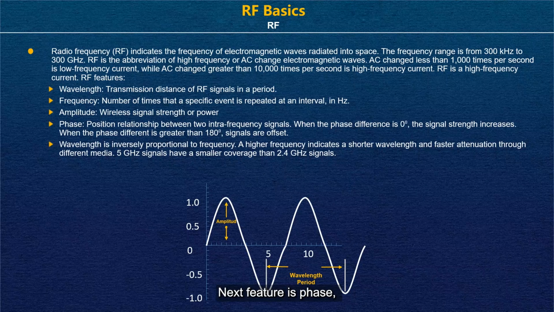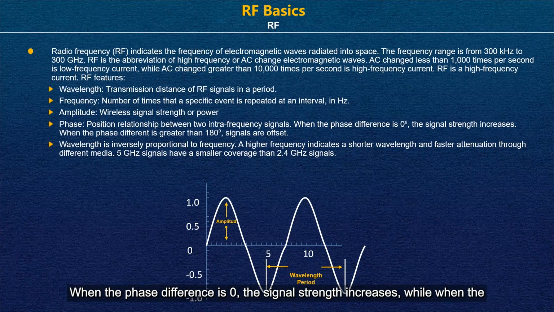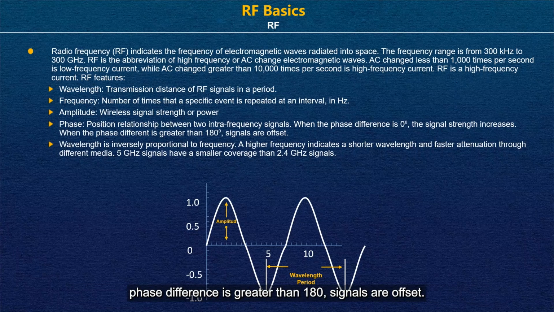Next feature is phase, the position relationship between two intra-frequency signals. When the phase difference is 0, the signal strength increases, while when the phase difference is 180, signals are offset. Okay, and wavelength is inversely proportional to frequency.